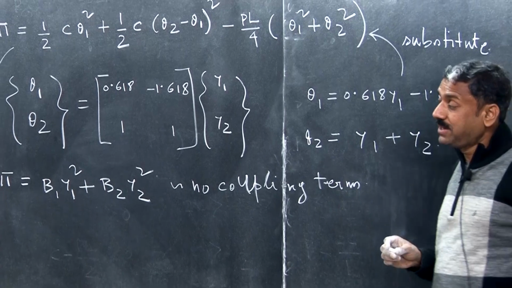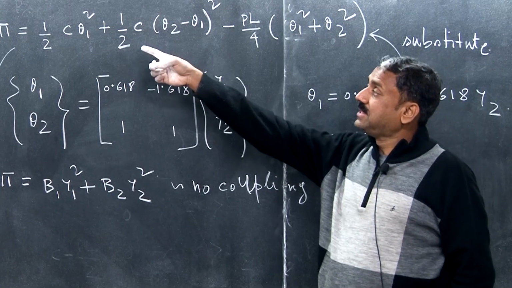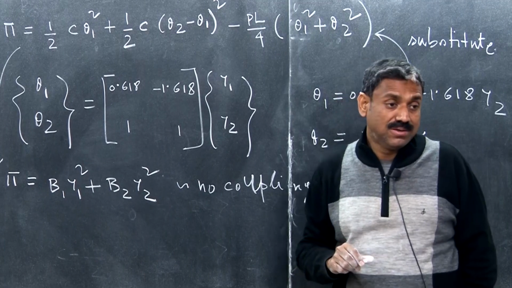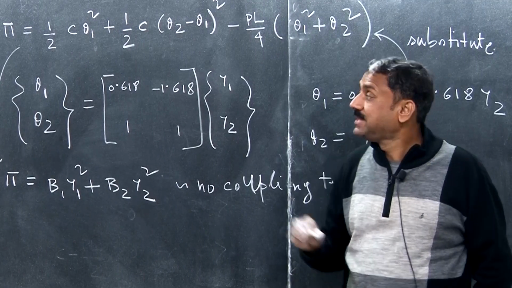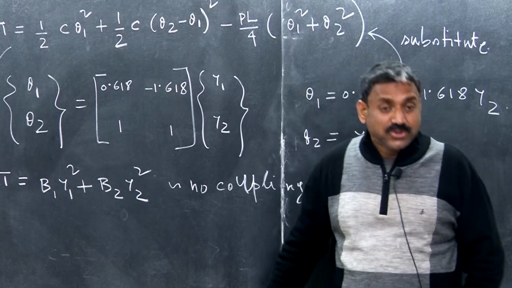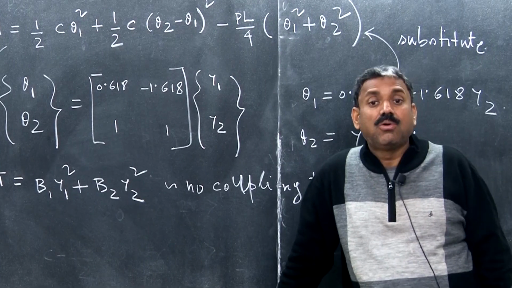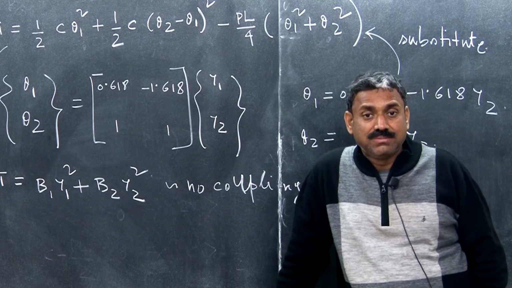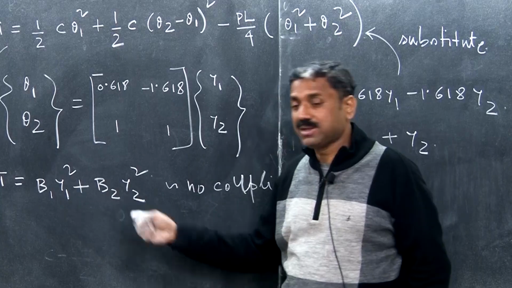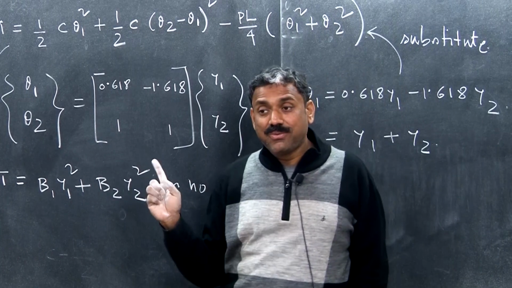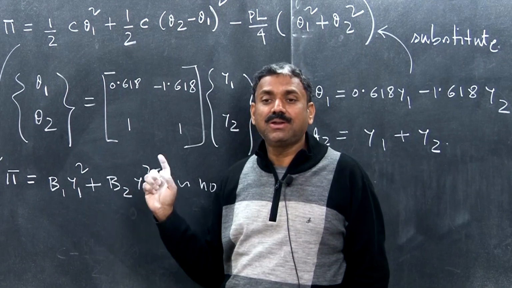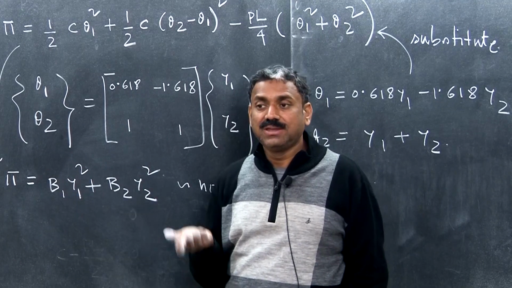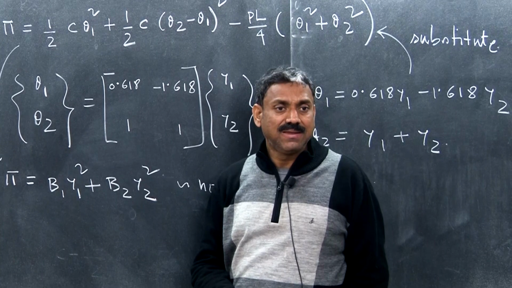What we are trying to tell you is that the quadratic form of this potential energy function is very important in deciding the nature of stability. If all the terms are square or quartic, then they are always positive. So you do not require to find out anything else. Just see the potential energy function, and if b1 and b2 are positive, then it is stable. Clear?